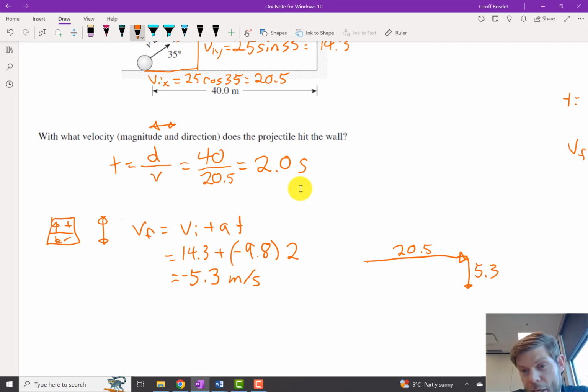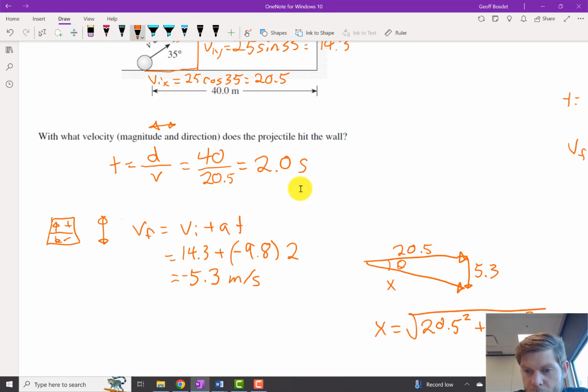Notice I've dropped the negative now because that information is encoded in the direction of this vector. So if I throw in another negative, it's just confusing. And so we're looking for this side, and we're looking for this angle. So x here is equal to 20.5 squared plus 5.3 squared, all square rooted.